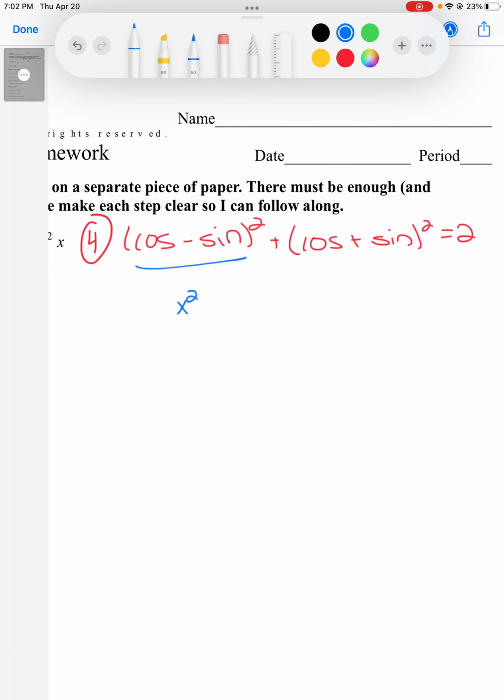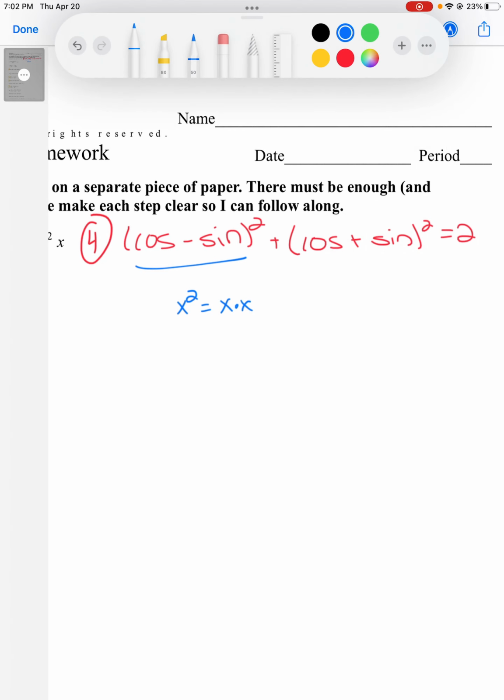If I have x squared expanded out, that's x times x. That's 2 x's. And so this is just sine and cosine times itself.